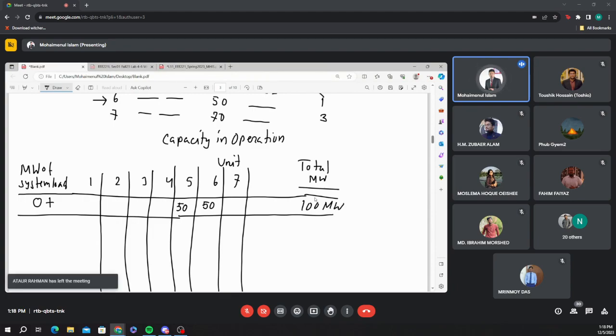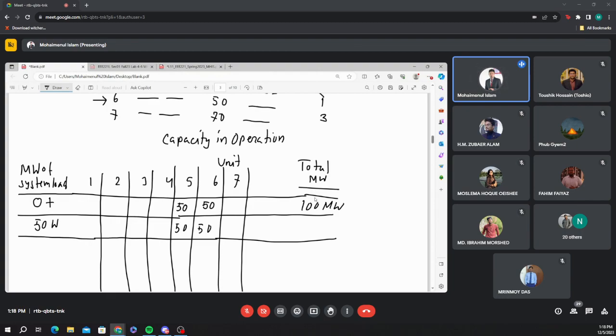Okay, next one, 0 to 50 megawatt. Suppose it reaches 50 megawatt. What will happen then? If it reaches 50 megawatt, that means your range should be 50 plus 50. That means you don't need to worry up to 50 megawatt, because one generator is providing 50 megawatt.